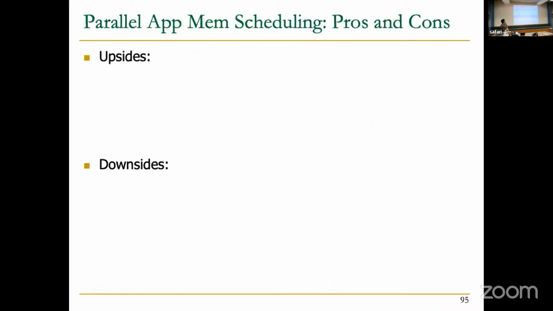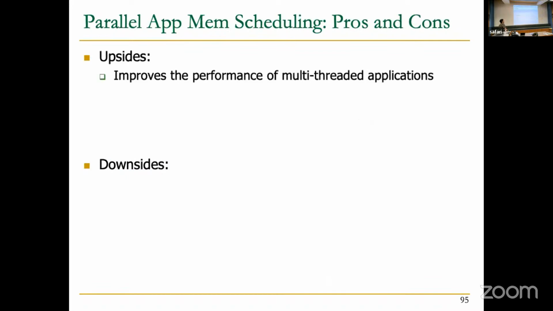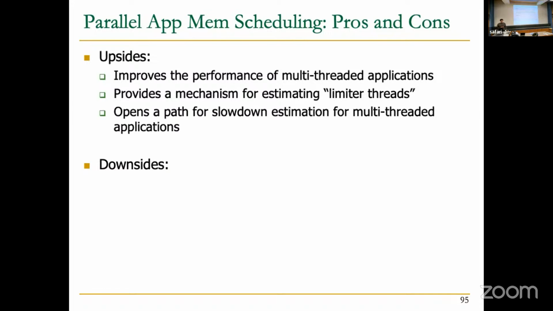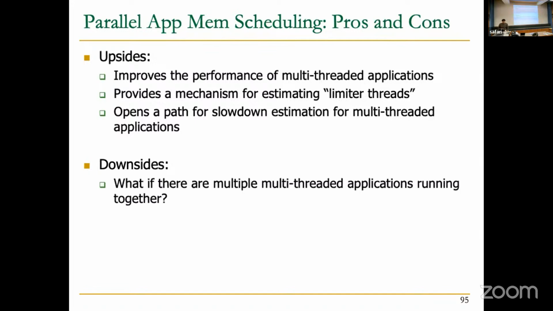Yeah, so this is the high-level idea. So this improves the performance of multi-threaded applications, and the paper provides a mechanism for estimating these limiter threads. And yeah, it opens a path for slowdown estimation for multi-threaded applications. And more work builds on this to make better estimations.